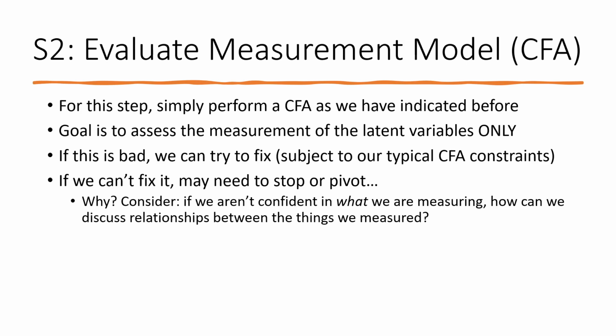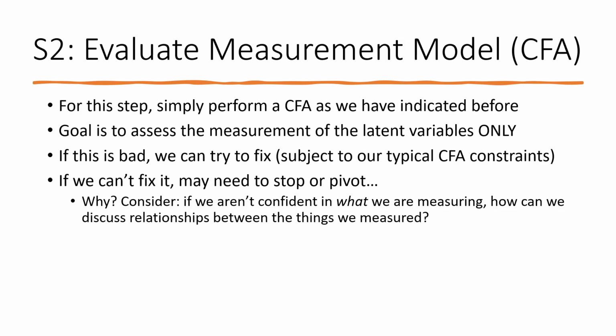Consider this: if I'm looking at the relationship between several variables, but I'm not confident I'm actually even measuring those variables, how can I really assess the relationship? If I have a measure of intelligence, but the measurement model doesn't seem to be working for the intelligence variable, then any conclusion I make on quote unquote intelligence, well, I'm not even sure that I'm measuring intelligence.